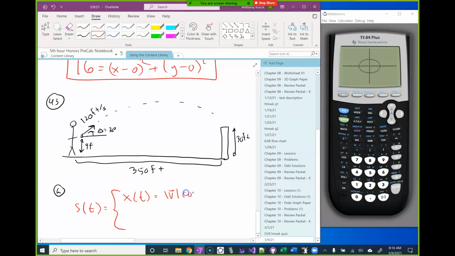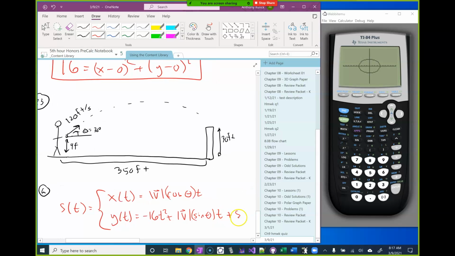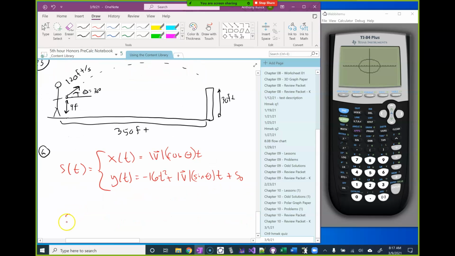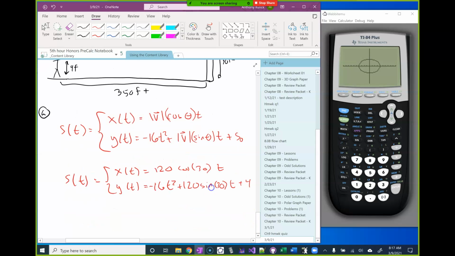And the y coordinate is -16t squared plus the magnitude of v, the initial velocity, sine theta t, plus initial height. For us, that initial velocity was 120, our angle was 30 degrees, and our initial height was 4 because the ball was 4 feet off the ground. So that's part A, just filling in the formula.